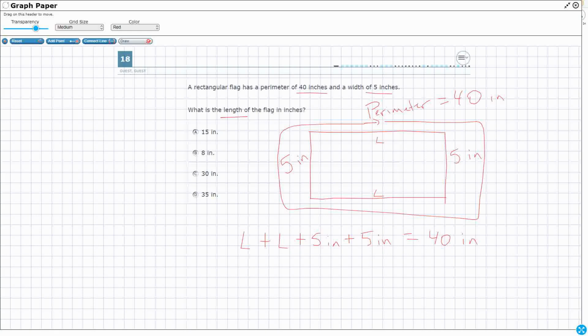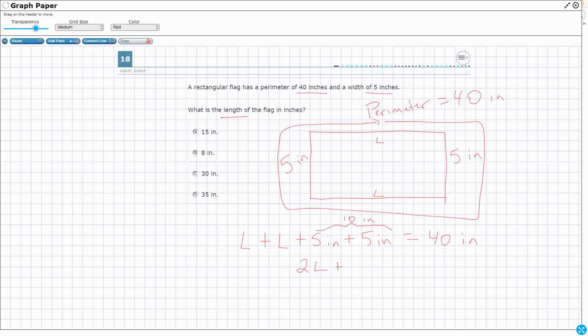All right, so let's see what we know about this. I've got two L's, and then I've got my 5 and 5. So I'm going to represent this with multiplication. I would say 2 times L, and I can just represent that with the number 2 next to the L. If there's no operation in between a number and a letter, that just means multiply. Plus, I can combine these because that's just 5 and 5, right?